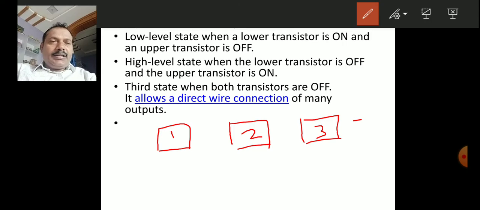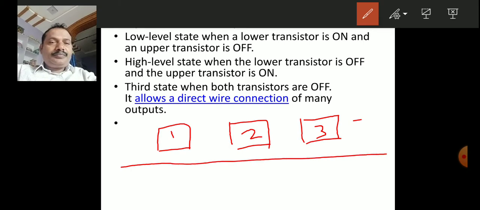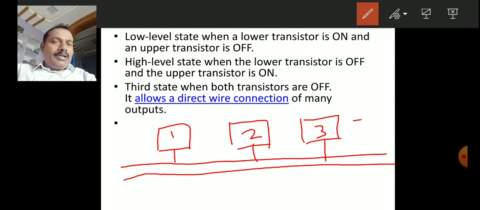In digital systems, there are 3 digital circuits which are connected to a common bus like this. This is the common bus. Then this is connected, this is also connected, this is also connected, because there should not be any data collision while communicating between devices, and the bus is used between 2 devices only for data transfer.